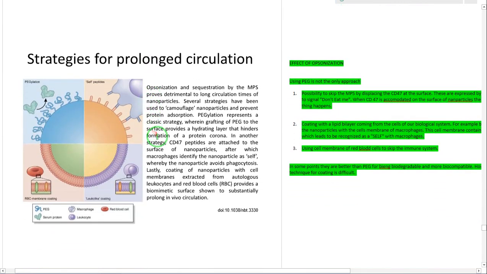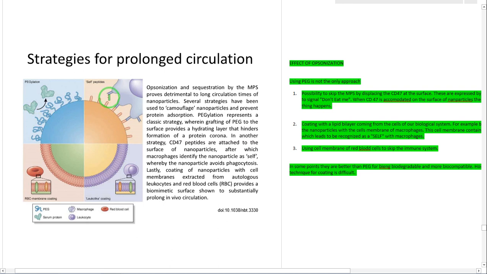Okay, let's talk about the last slide here. We want to say that one of the ways to decrease the opsonization effect on the surface of nanoparticles was using PEG to pegylate them. There are three more strategies that we never talked about.